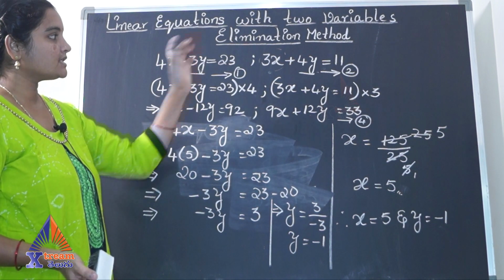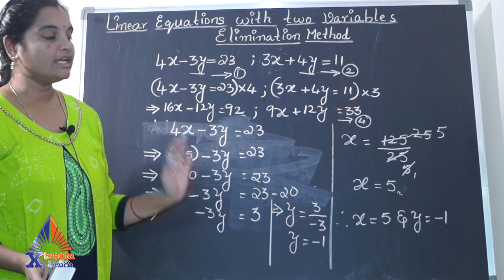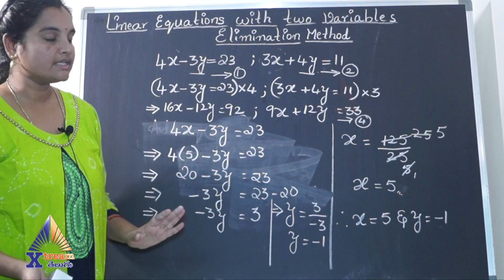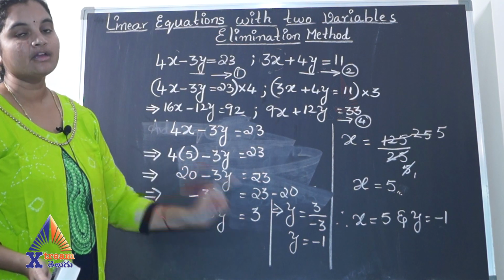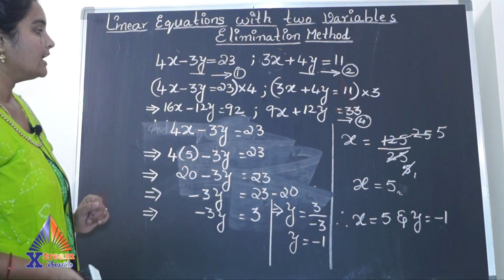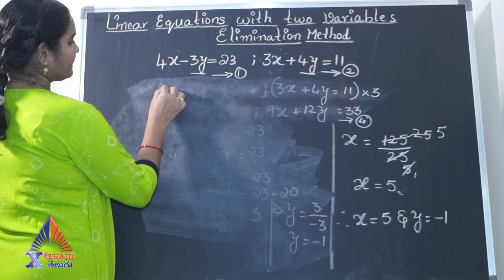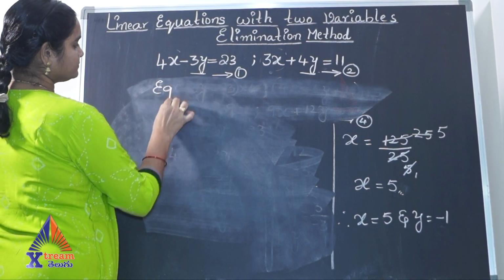If the LHS and RHS are equal, then you can say these both are the solutions of these two equations. Otherwise, we need to recheck the entire procedure once again. Okay, let's try this check for these equations. Let's try equation 2.